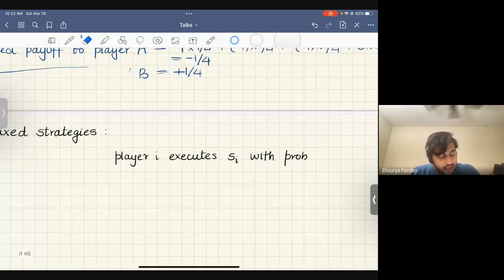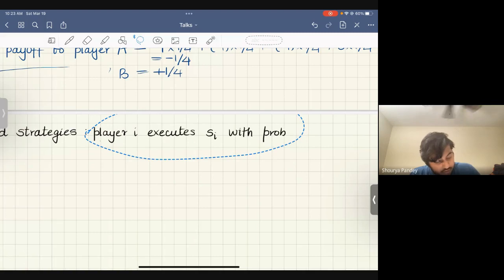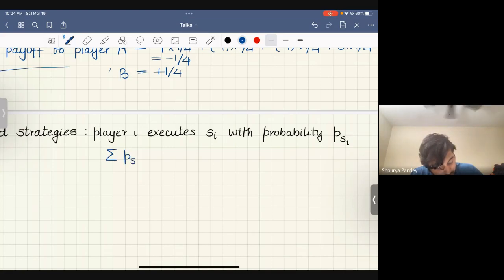Player i executes Si with some probability P of Si, let's say, and then the sum over all these P(Si) should be 1.